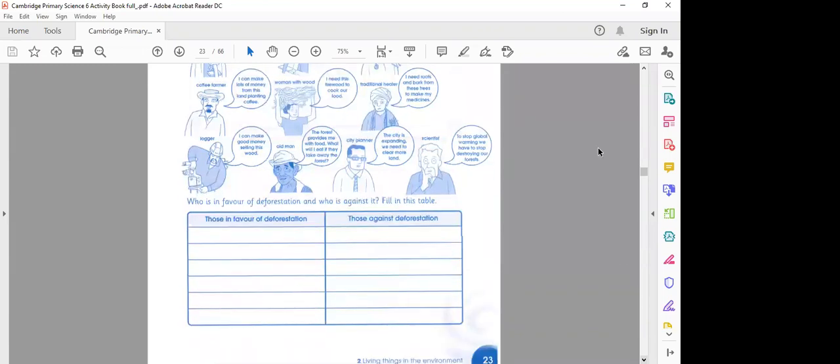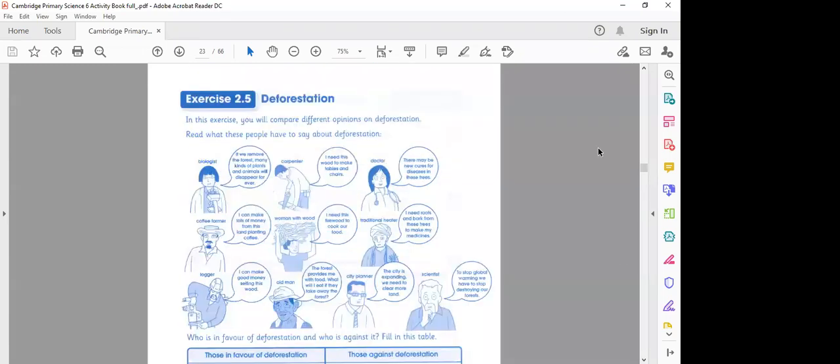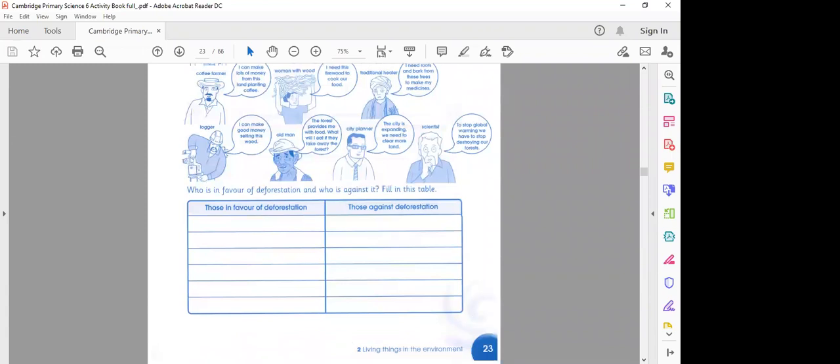Now this is, I think, 2.5. Those in favor of deforestation. Tell me, Kshitija.